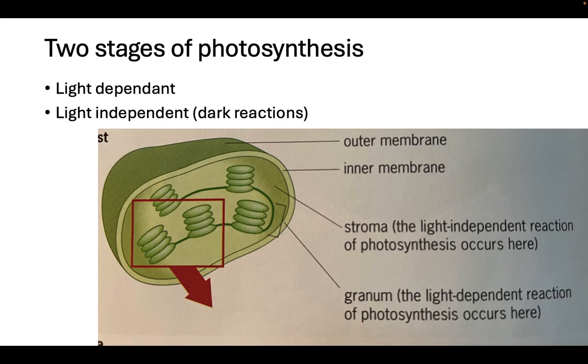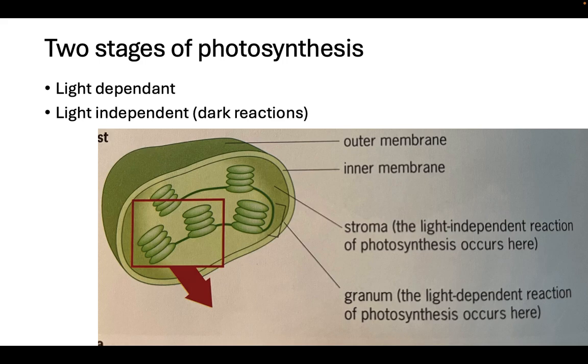Photosynthesis has two main stages. The first stage is known as light dependent. As the name suggests, it requires the energy which comes from the sunlight.